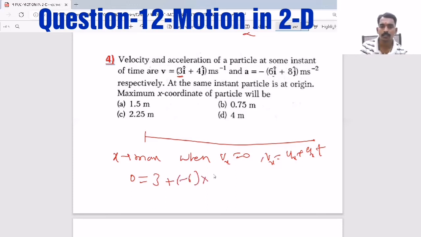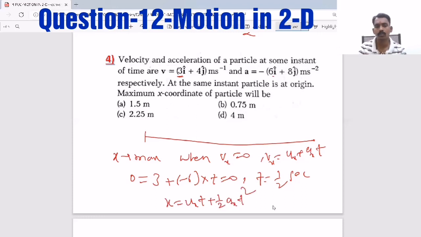So minus 6 into t equals 0. So t equals 1 by 2 second. So at 1 by 2 second, the x velocity becomes 0, which means that is the maximum x coordinate. Then how do you find that x value? ux into t plus half ax into t square, like s equals ut plus half at square.